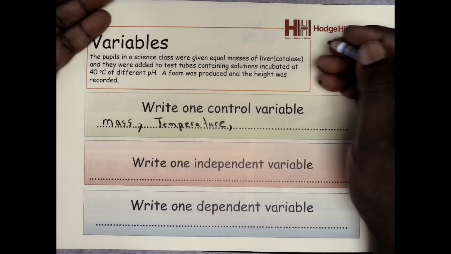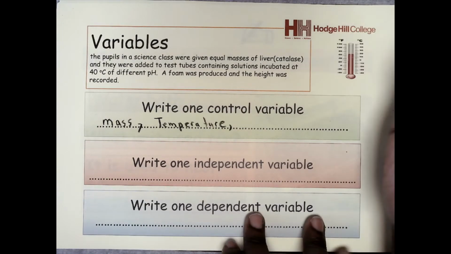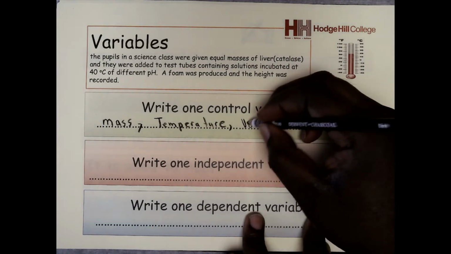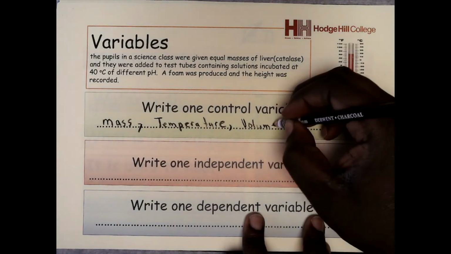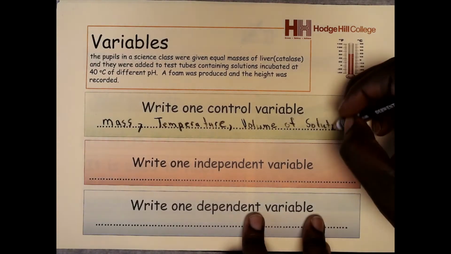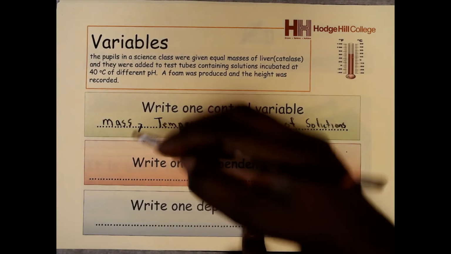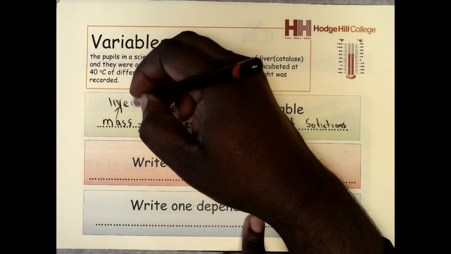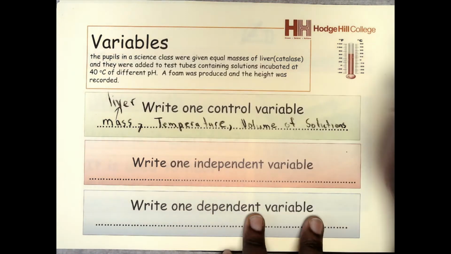And the volume of the solutions used were kept constant. When we make reference to the mass here, it's the mass of the liver that was used.